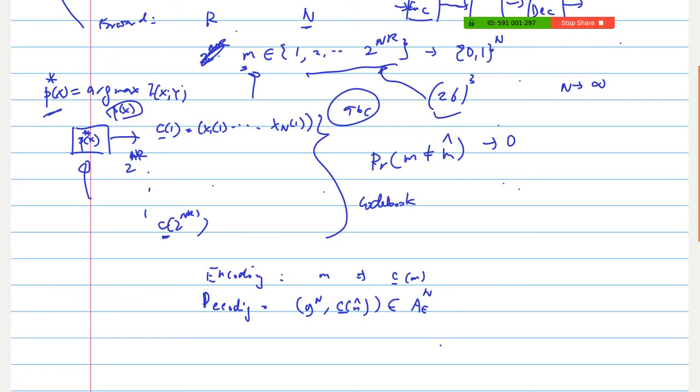Remember how we define jointly typical sequences: the probability of (x,y) will be approximately equal to 2 to the minus n H(X,Y), and also p(x) is approximately 2 to the minus n H(X), and so on.